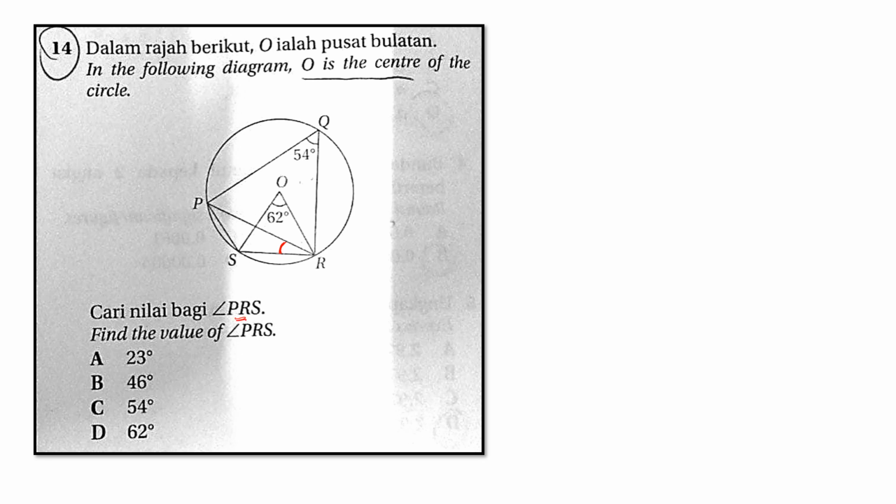Okay, so there are a few things that we can figure out from the circle. The first thing is that this angle, the 62 degrees, is formed from these two lines, which come from this arc RS.